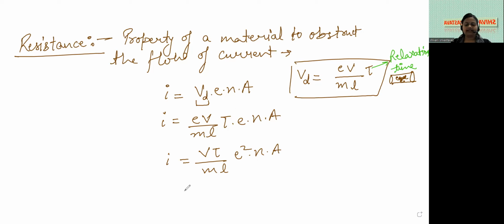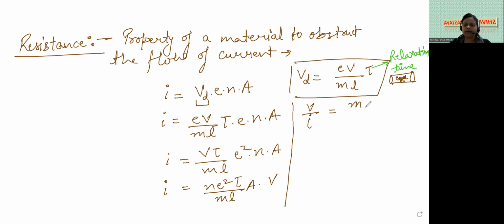We take this V to our side: I is equal to n e square tau upon mL, times A, times V. Now this V we can take to the LHS. So V upon I is equal to mL upon n e square tau A.